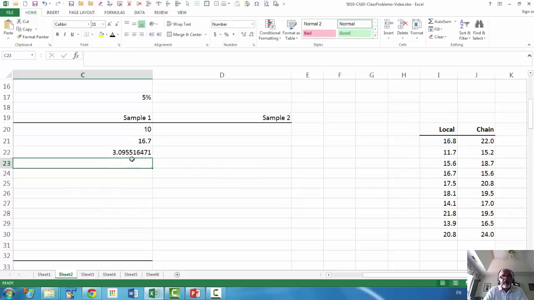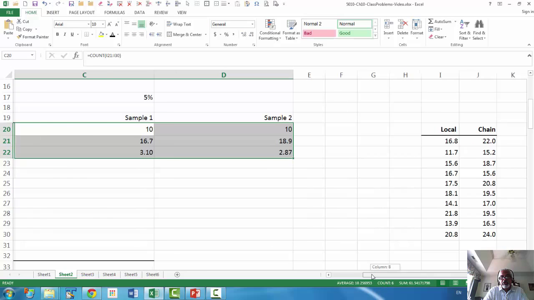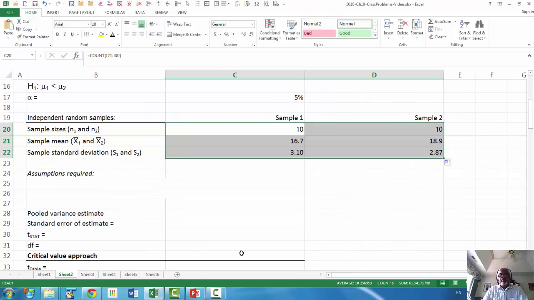And we copy that over. Now the assumptions required, again, since the sample sizes are small, we have to assume that the underlying population is normal and the samples are independent random samples and the underlying population standard deviations are equal.